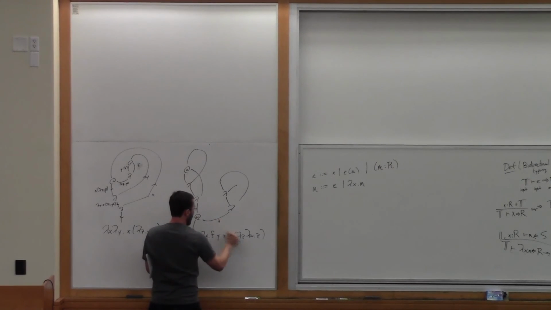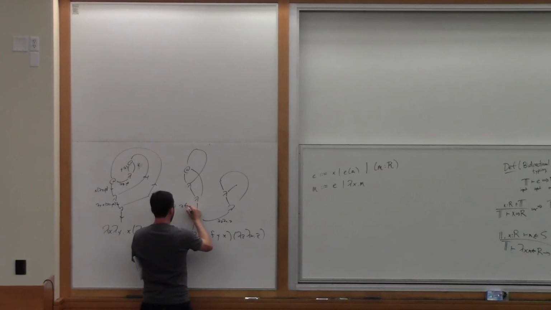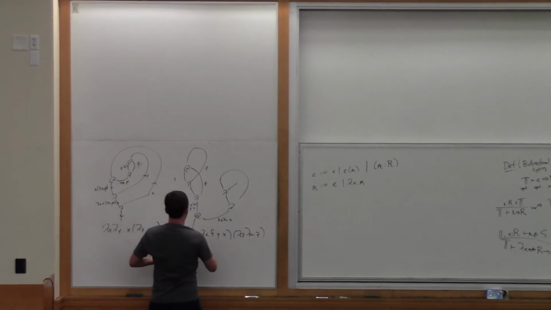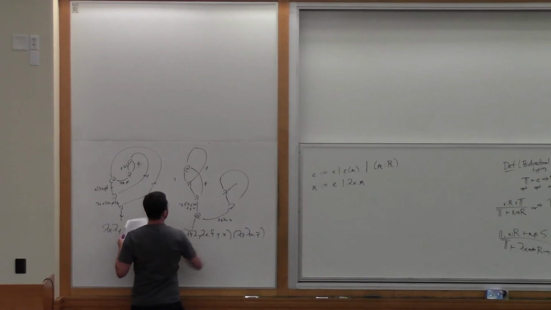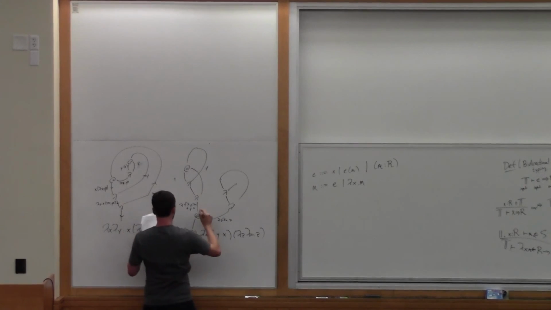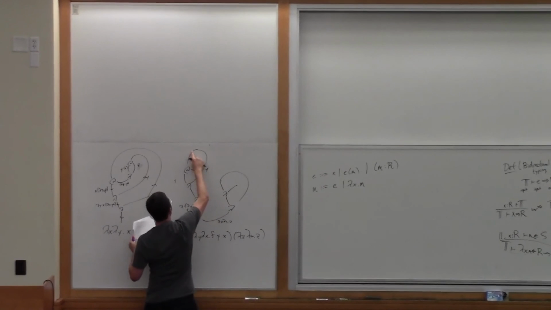Here we're going to have the lambda z, lambda w z, lambda f, lambda y, lambda x, f applied to y x, and so on. Sorry, this is x. I screwed up.